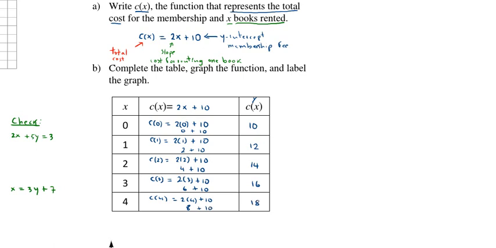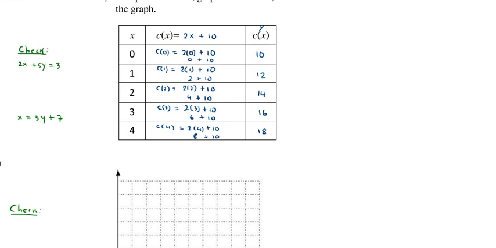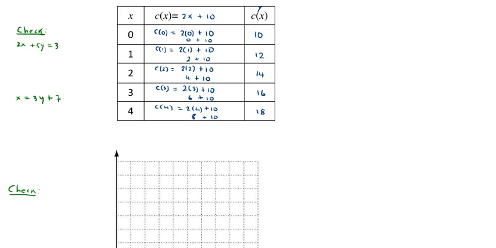So those are going to be the values of x and the values of y that you are going to use here on the grid. Notice that the values of x are small, so you can go one by one on the x-axis, and the values of y need to get to at least 18.